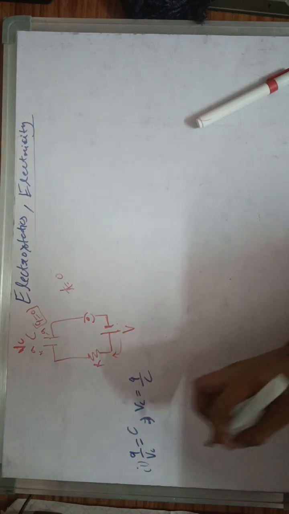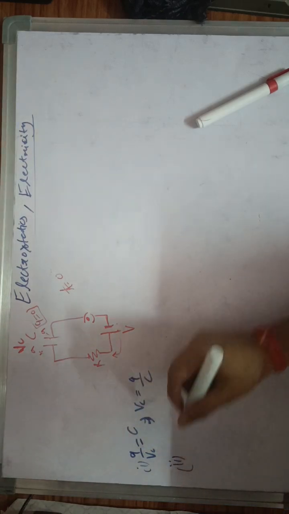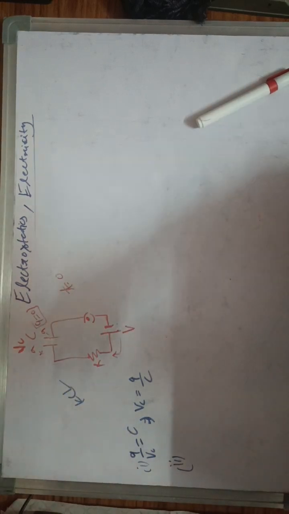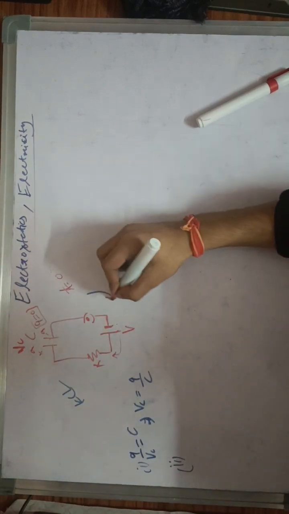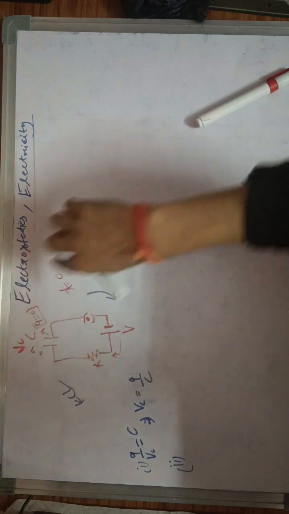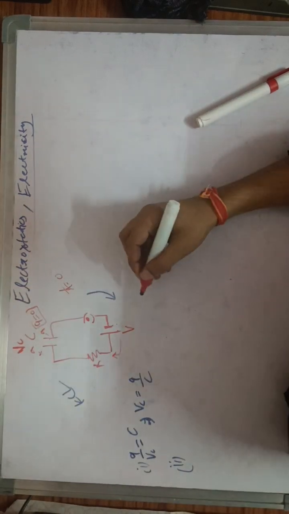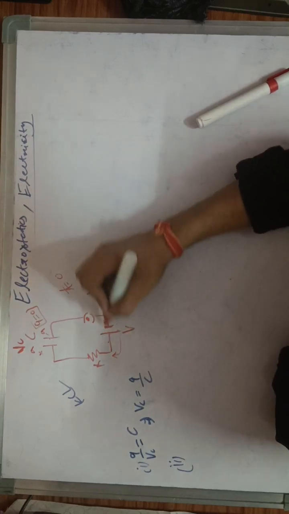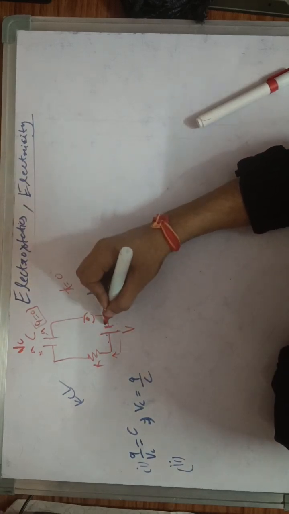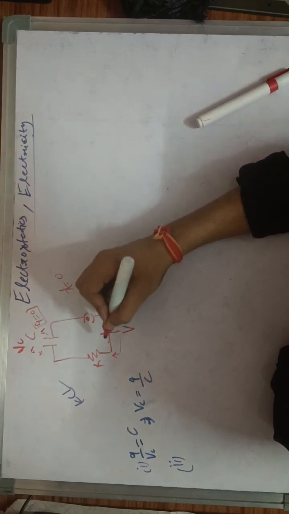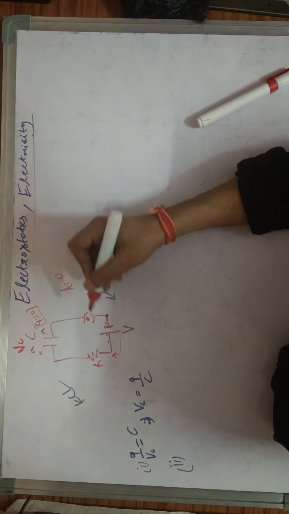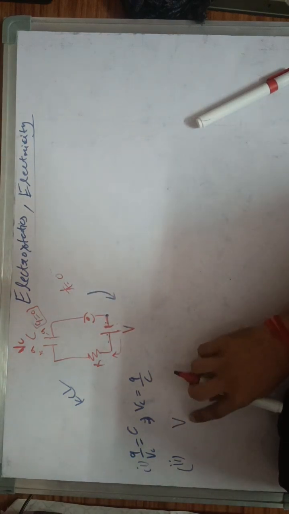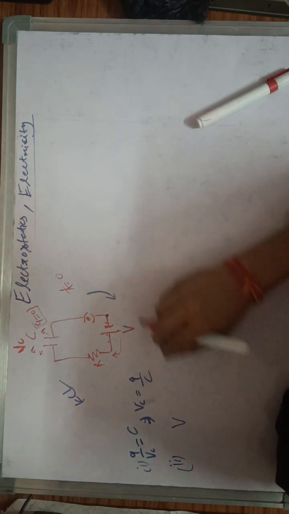Now for the second equation, we apply KVL in this circuit. Let's consider the loop in this direction. Starting from this point, this is the positive side and this is the negative side, so higher potential minus lower potential will be V, a positive value.